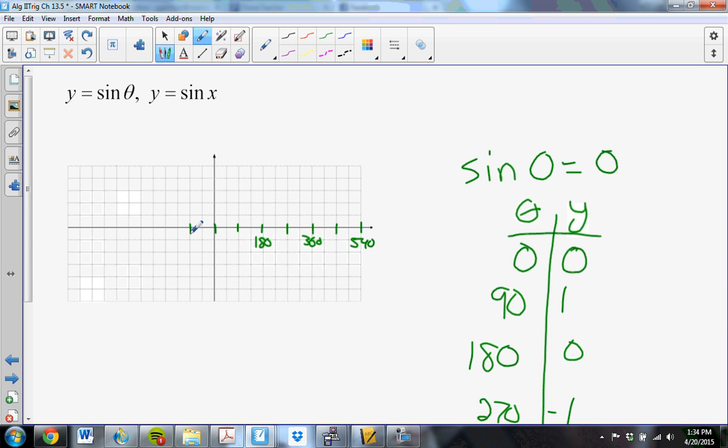And then negative 90, negative 180, negative 270, negative 360, negative 450, negative 540. Sine starts in the middle. The sine of 0 is 0. And then it goes 90, 1, 180, 0, 270, negative 1, 360, 0, 450, 1, 540, 0, and back.